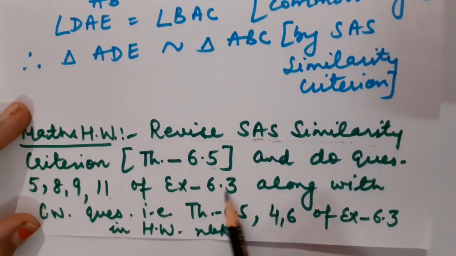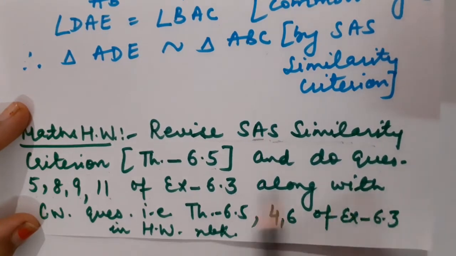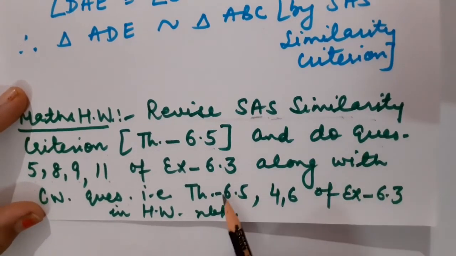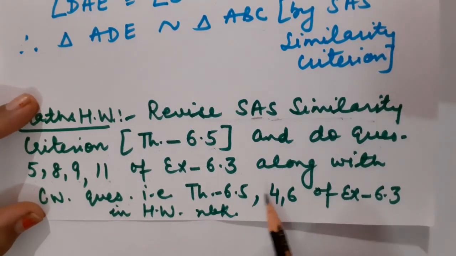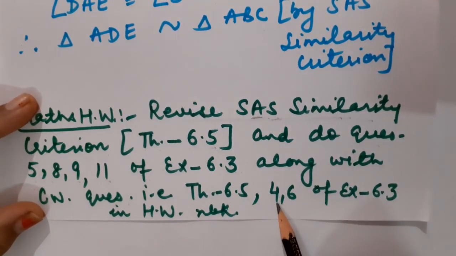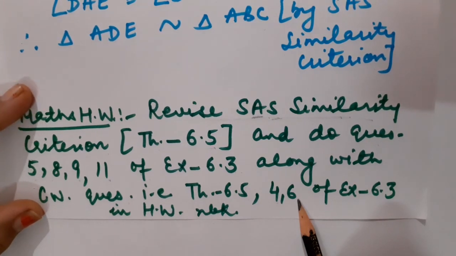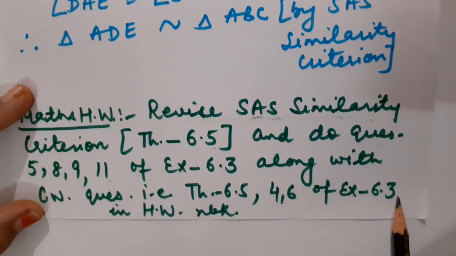Of exercise 6.3, along with the classwork questions. What were the classwork questions? One was theorem 6.5. Another was question number 4 in which SAS criteria is used. And another was question number 6 in which again SAS criteria's usage is explained to you, of exercise 6.3, in the homework notebook.